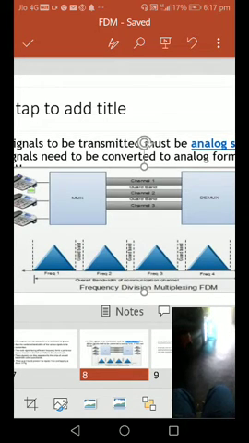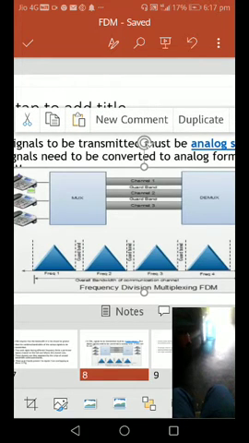The first frequency is allocated to the first user and the second frequency to the second user, separated by a guard band. F2 and F3 are separated by a guard band, and F3 and F4 are also separated by a guard band.